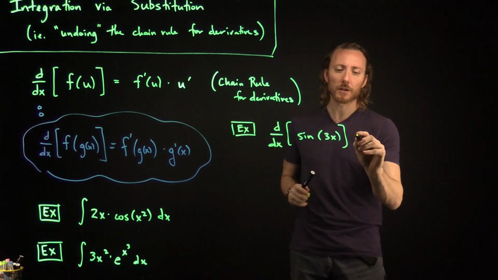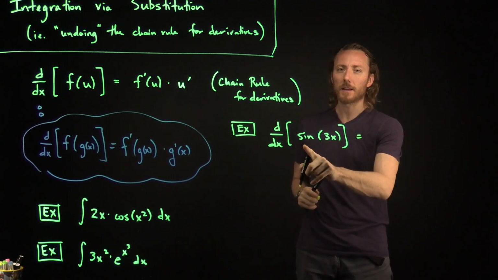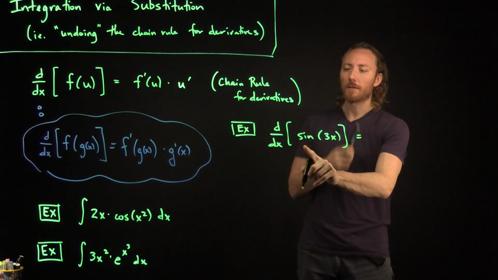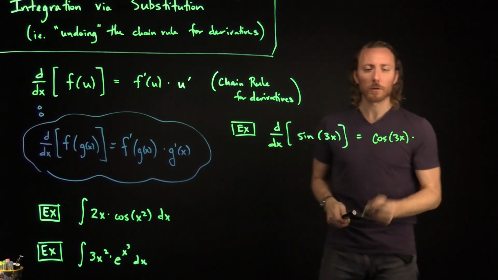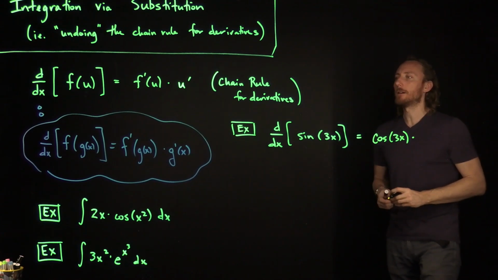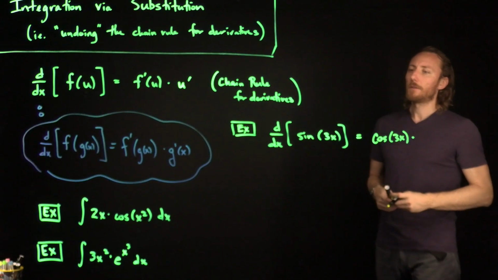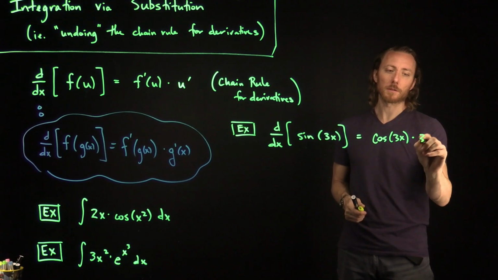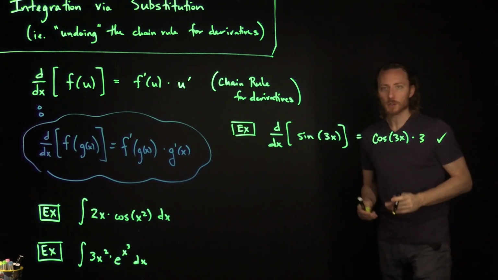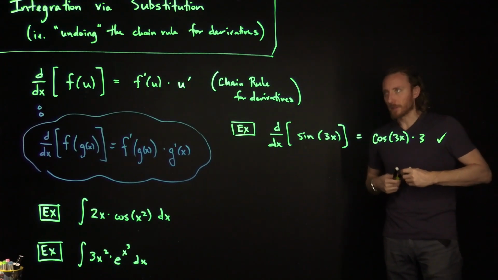And whenever we apply the chain rule here, we first take the derivative of the outer function, the sine function, leaving the 3x alone. So that'll give us cosine 3x. But we don't stop here, right? Because we have to multiply by the derivative of the inside function, the u prime, which would be the derivative of 3x, which is 3. So here is an application of the chain rule just using derivatives.